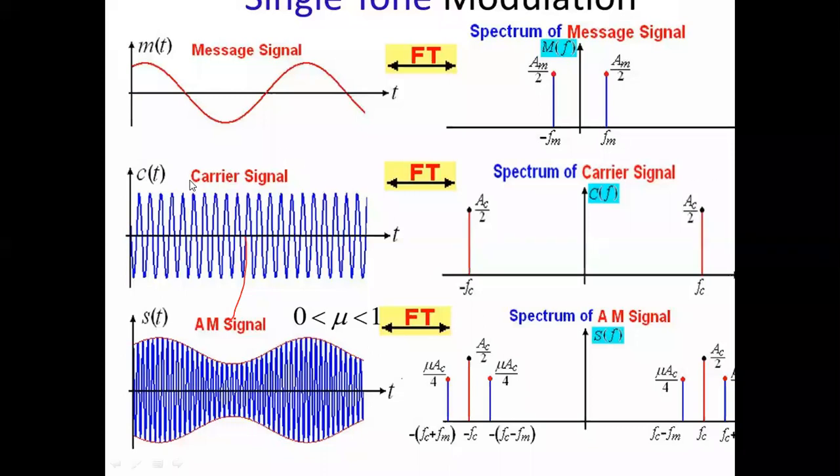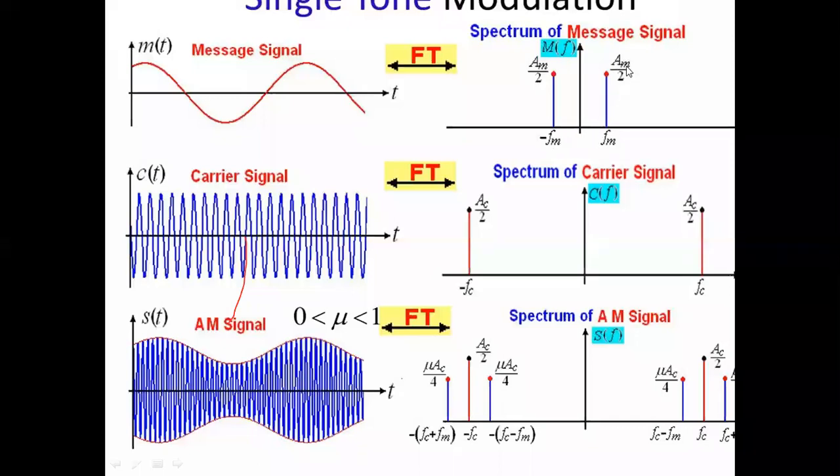So see in this example, this is the message signal having the low frequency. The spectral components generated for the low frequency signal are 0 to fm and 0 to minus fm.